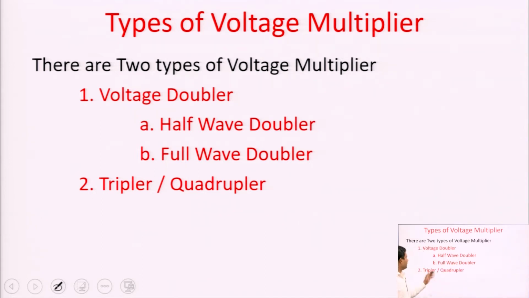On the other hand, in the full wave voltage doubler, we take the output voltage across two capacitors, that is C1 and C2. Now, I am going to discuss these three voltage multiplier circuits in detail one by one.